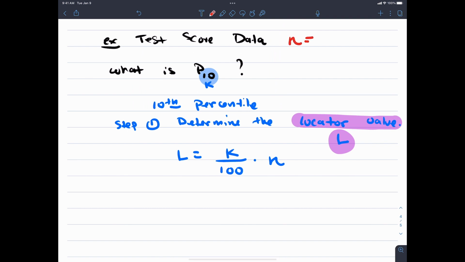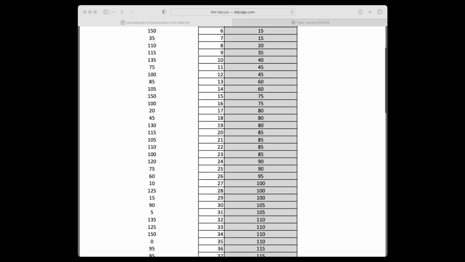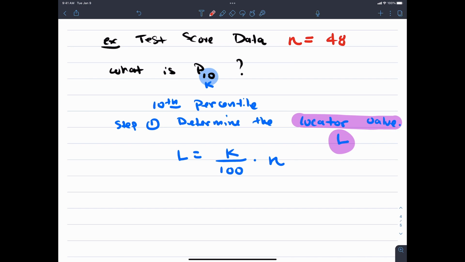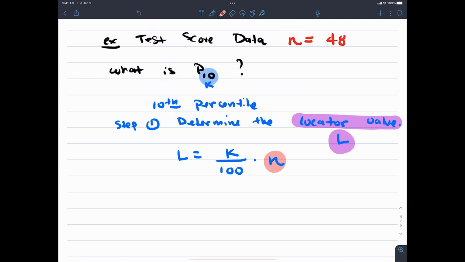What was N? How many data values are there? Outstanding. You guys remember there were 48 data values in that list? How do I know? Go all the way to the bottom there. 48 data values. It's in our list. Good. So we know that's going to be 48.